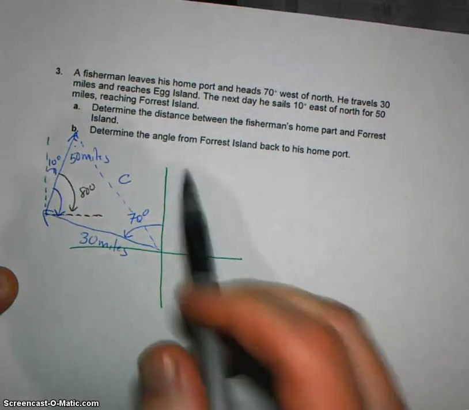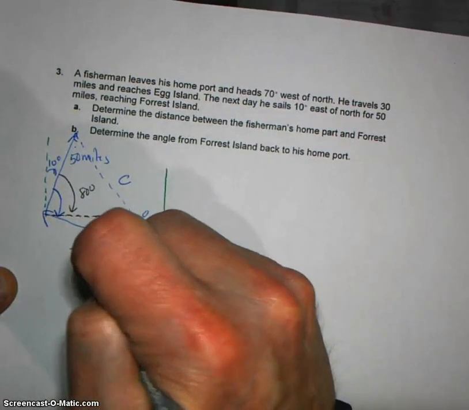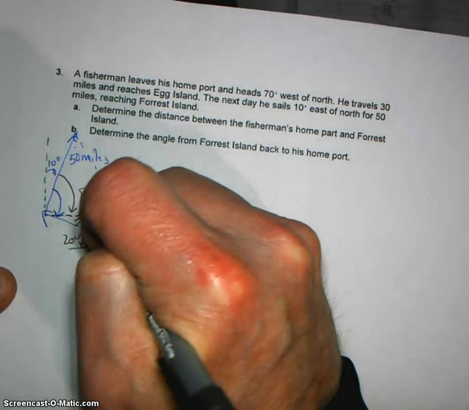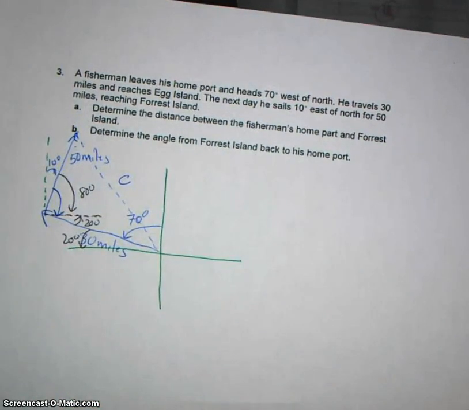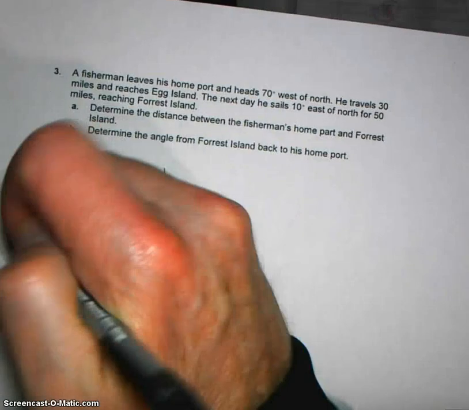And then, since this angle's 70 degrees, this angle is 20 degrees. And then we've got the alternating interior angles thing, so that's got to be 20 degrees. So this big angle has to be 100 degrees.